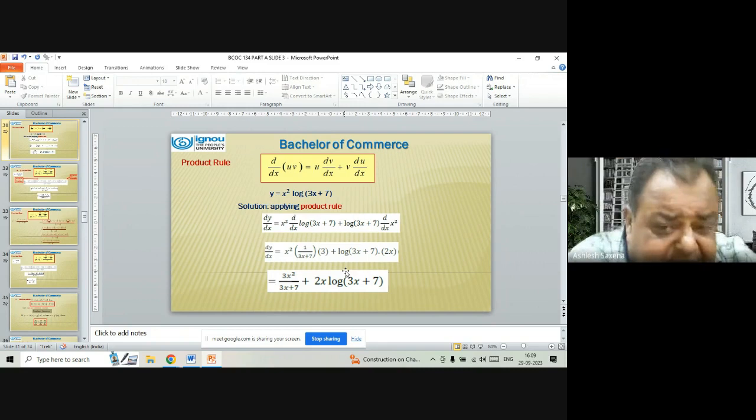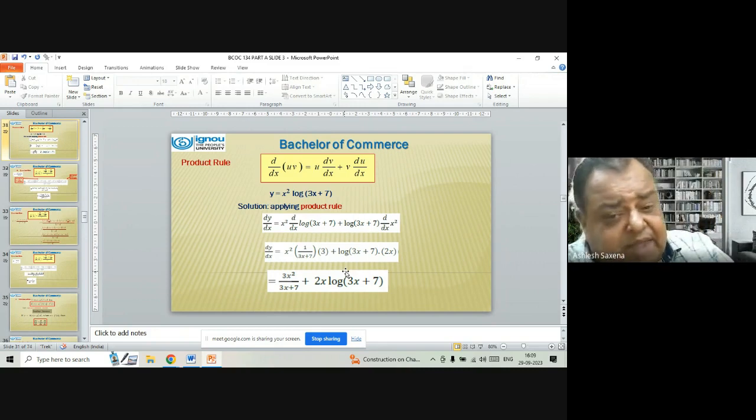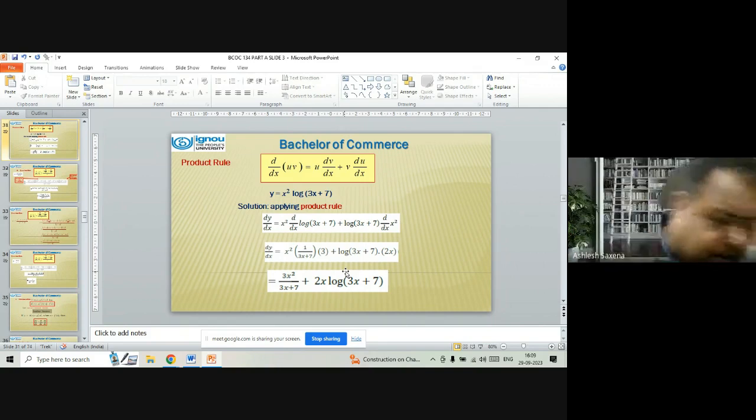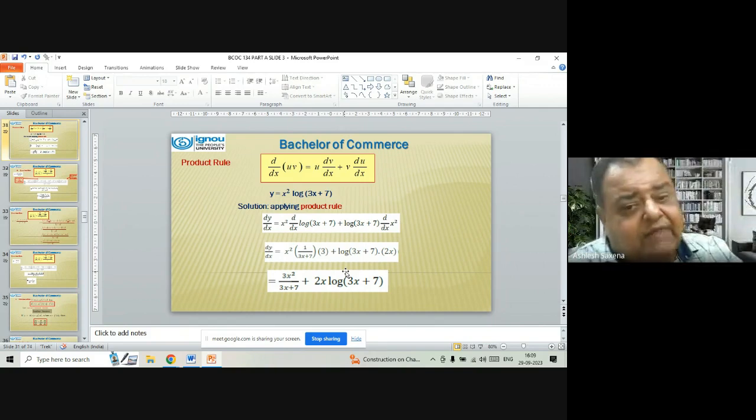Now one thing has to be kept in mind. Derivative of log x is 1 by x. You have to keep it in mind. Here we have log 3x plus 7. Straightaway what we will be doing?